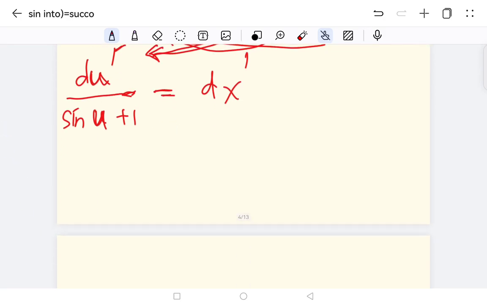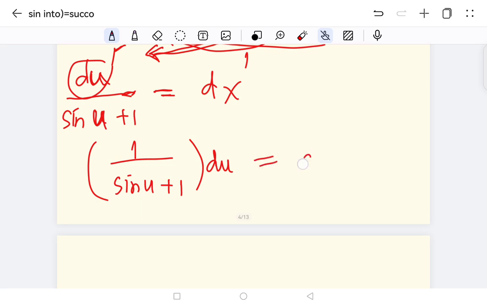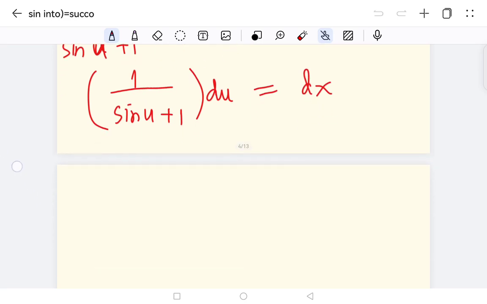Alright, now I have to do some manipulation before I integrate both sides.